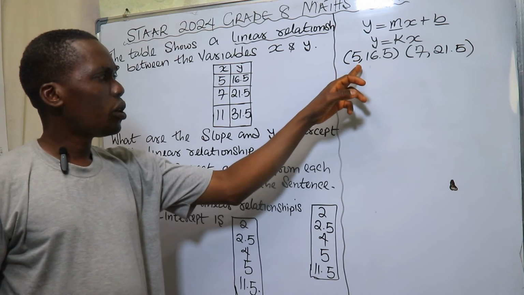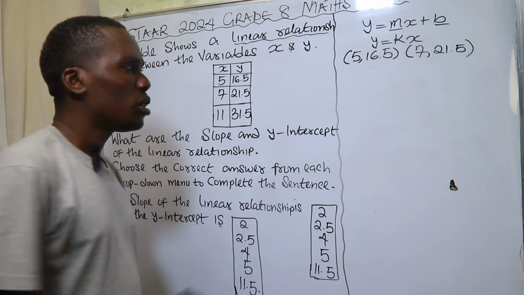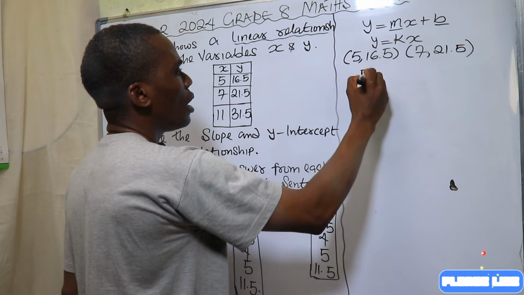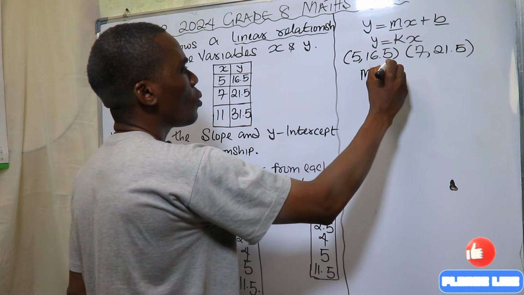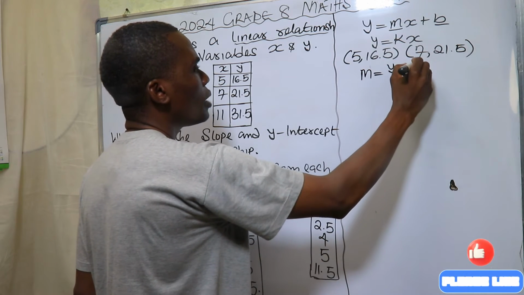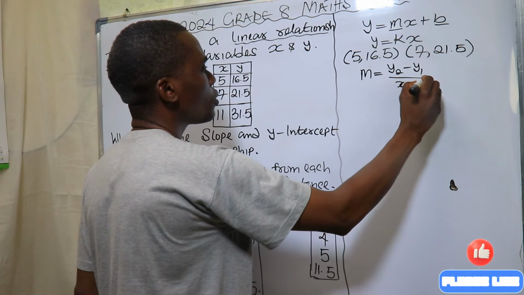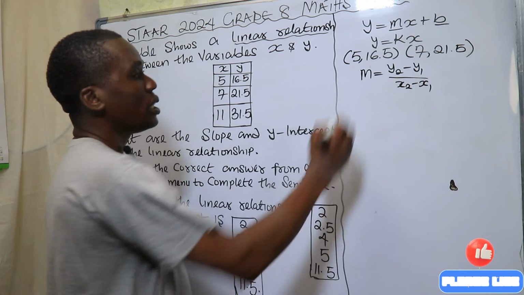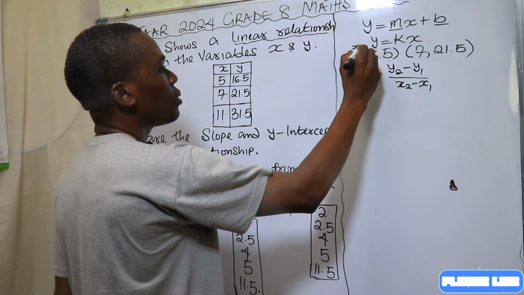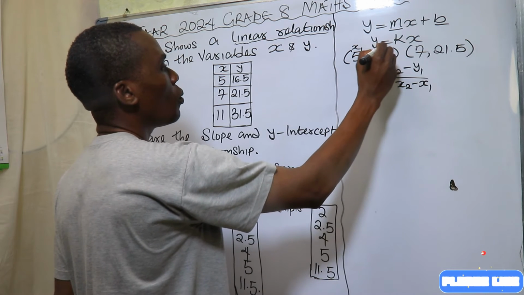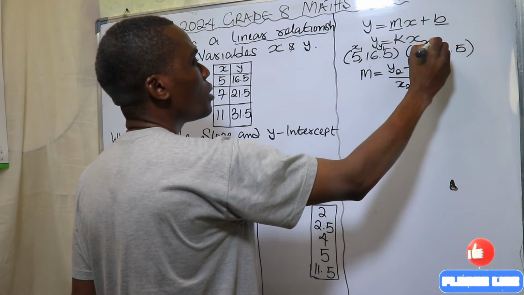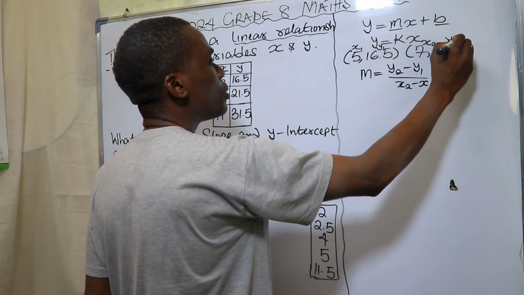The first one, we're going to use these two coordinates with our slope equal to y2 minus y1 divided by x2 minus x1. Recalling that this is x1, this is y1, this is x2, and this is y2.